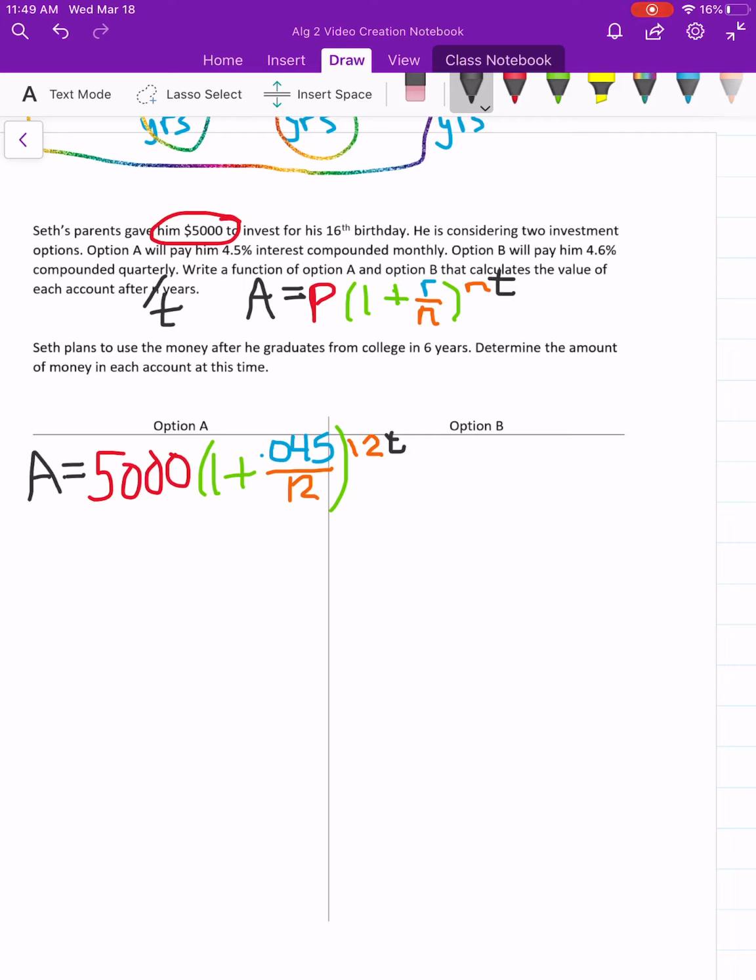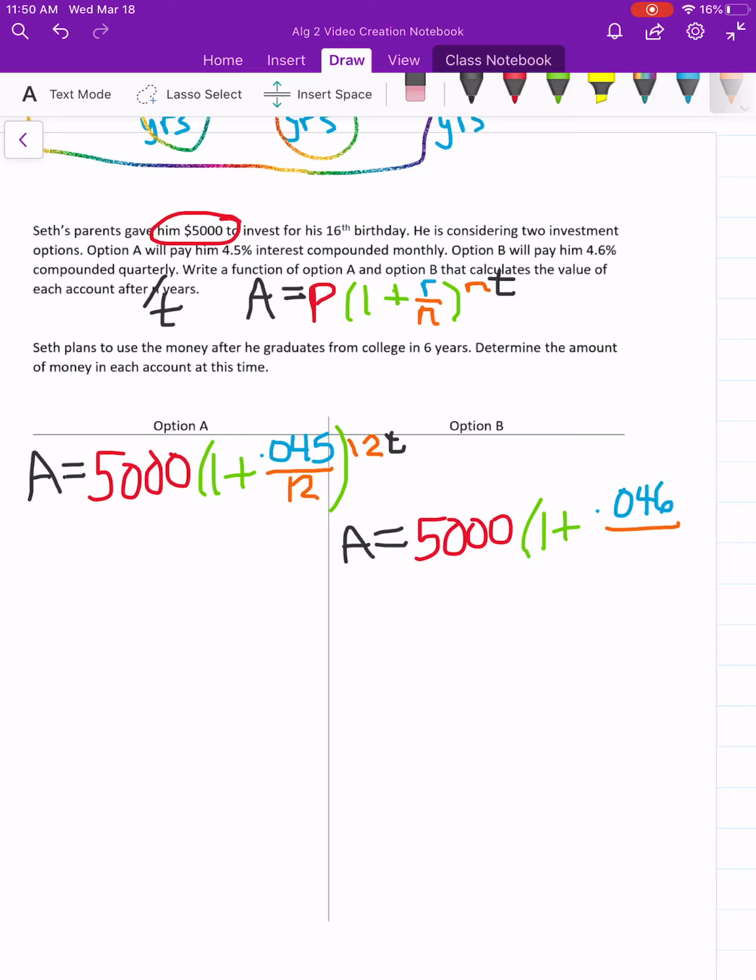And now let's make our function for option B. So A equals the initial investment, or the principal, times 1 plus 4.6% as a decimal, which is 0.046. And now it says that it will be compounded quarterly.